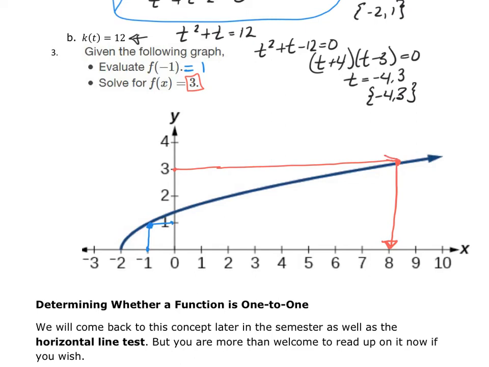So I go first from my y value, and I go left or right until I touch my graph, and then I go down or up, in this case I went down, to the x-axis to figure out what x value is associated to that. So the answer to this one, for the second part, is when x is equal to 8, my output, f of x, is equal to 3. So in other words, my ordered pair is 8, 3. Just like up above, my previous example, my ordered pair was negative 1, 1.